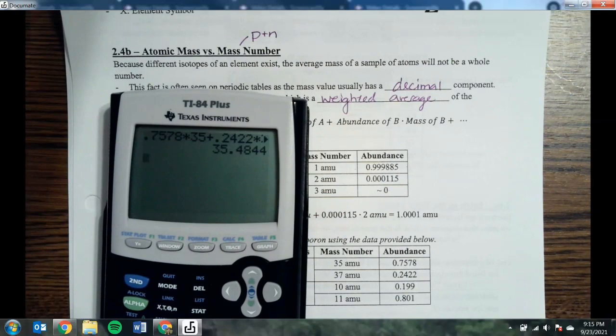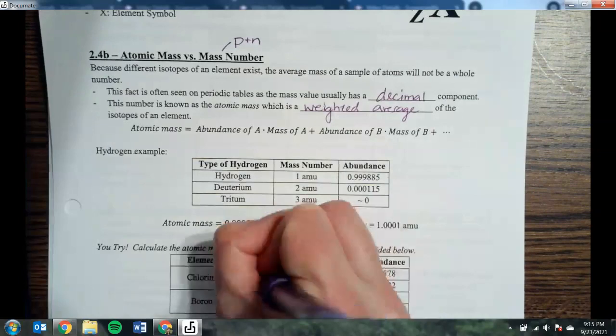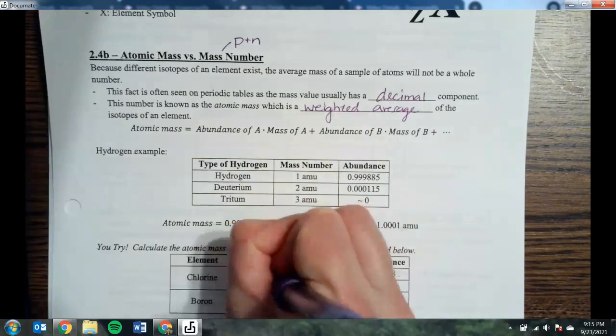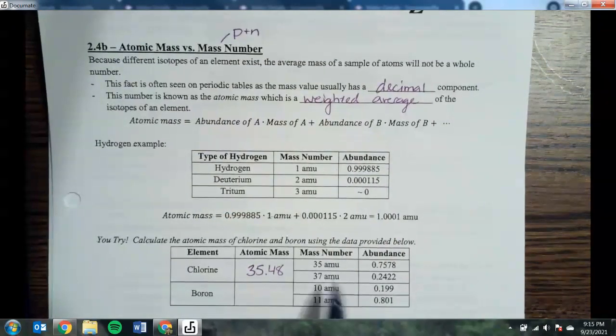I get the value of 35.48. Which should seem like a reasonable value when we look at our data. So I have 2 different isotopes, but I see that isotope number 35 is much more common. It's about 3 times as common as isotope 37. So my mass is closer to the mass of my more common isotope, which makes sense.